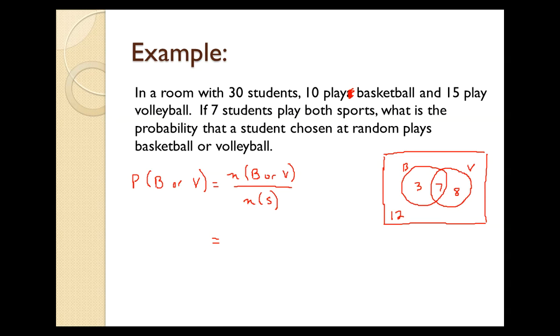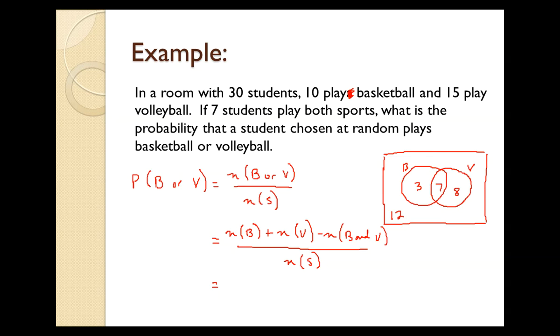And we'll use our principle of inclusion exclusion here. So this is the number of students who play basketball plus the number of students who play volleyball minus the number of students who play both basketball and volleyball. And we know all of those things. So let's plug these in, get our answer, then compare that with our Venn diagram.